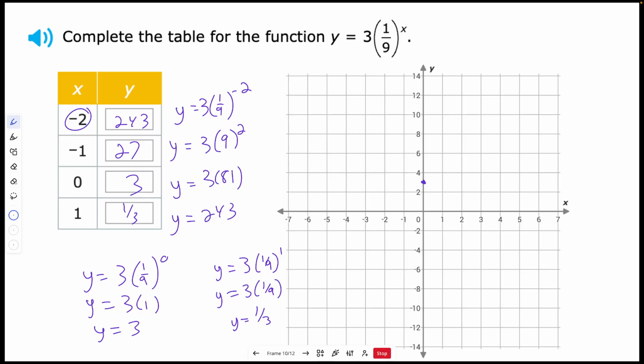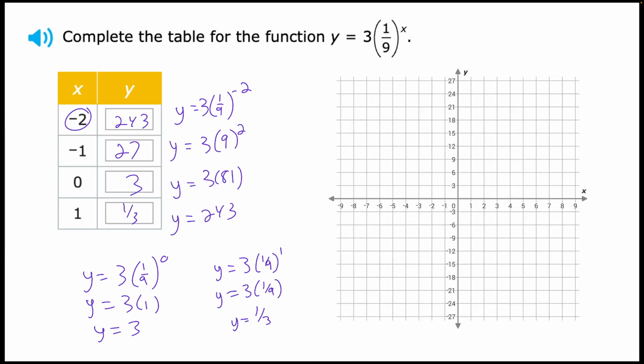Actually, let me get a better graph. Okay, now that we have a better graph, let's do it. So again, let's do 0, 3, and then let's do -1, 27. Yeah, that looks better. All right, and then we just connect as best we can. And here is our graph and table completed.